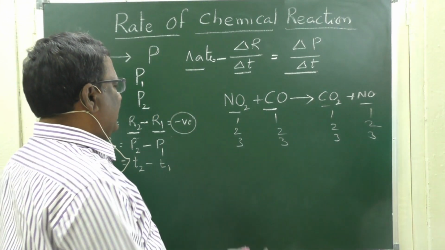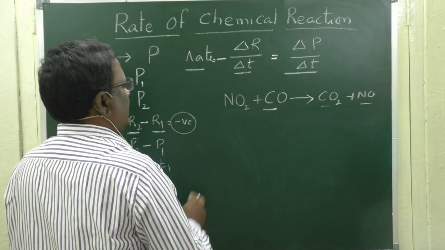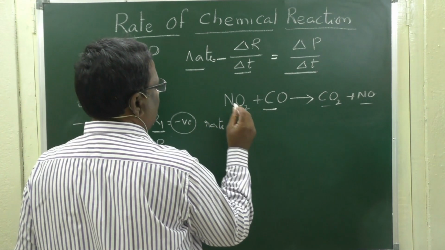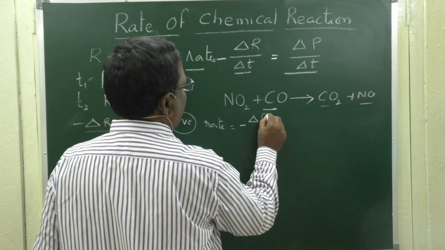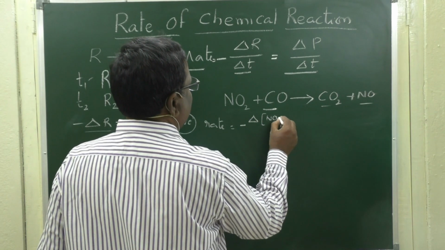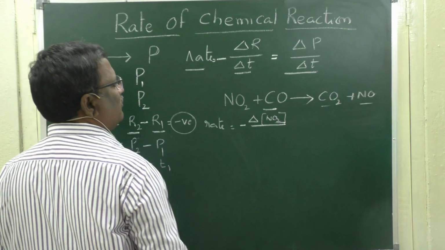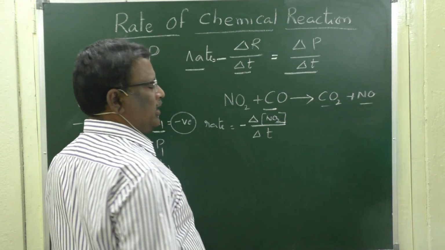Mathematically we can write it like this: rate is equal to minus delta concentration of NO2, that is the change in the concentration of NO2, by delta T, the change in the time duration.